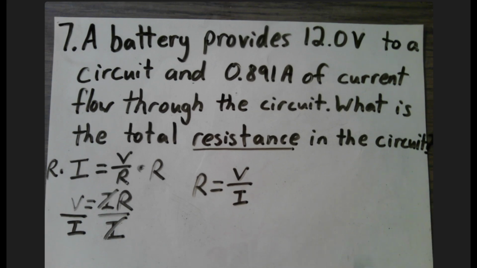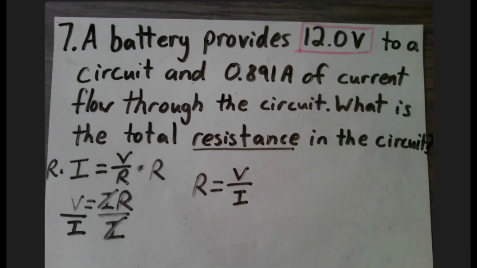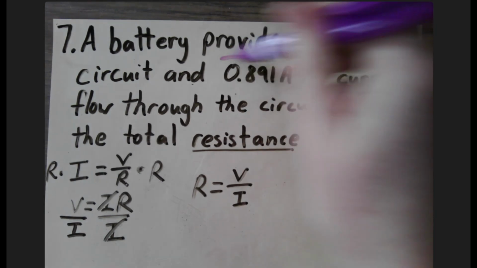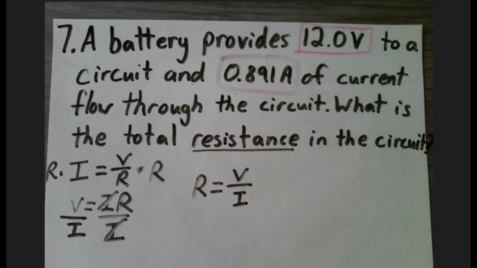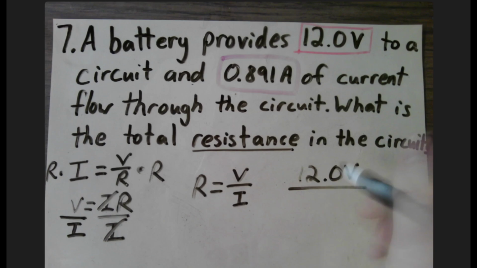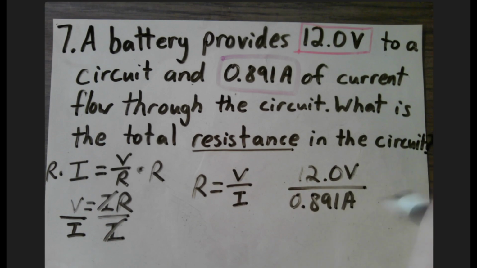So let's look at what we know. We know our voltage, which is right here, 12.0 volts. And we know our current, which is 0.891 amperes. Let's plug it in to our new formula. 12.0 volts over 0.891 amperes.